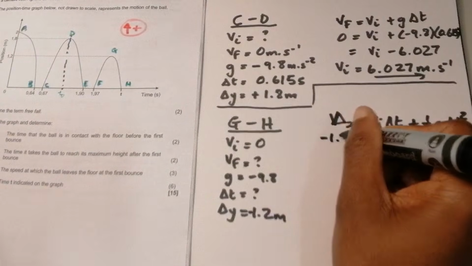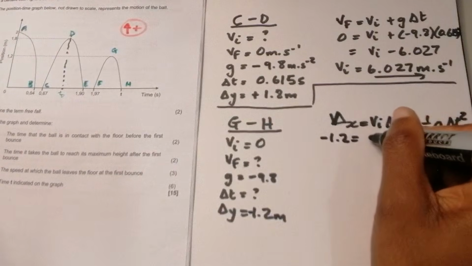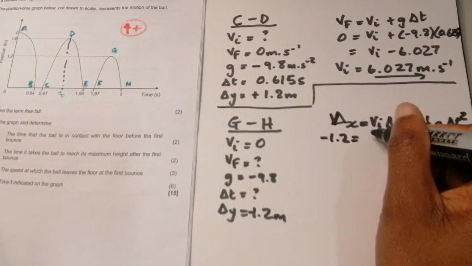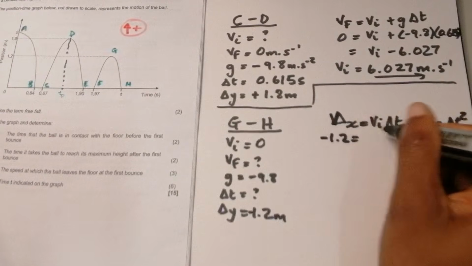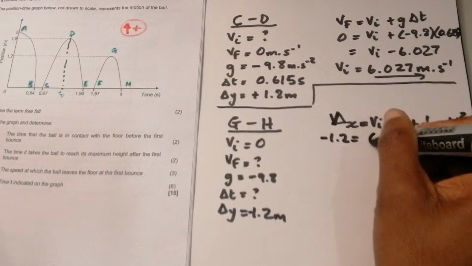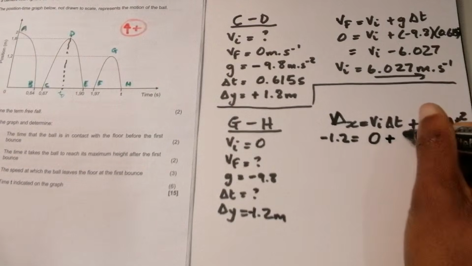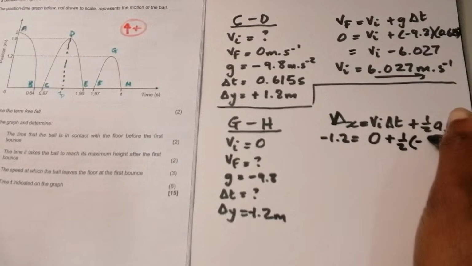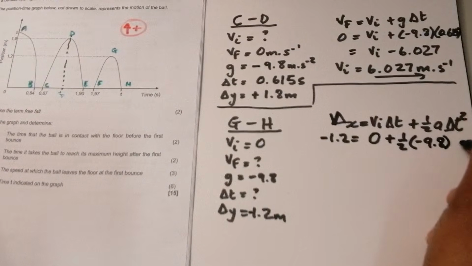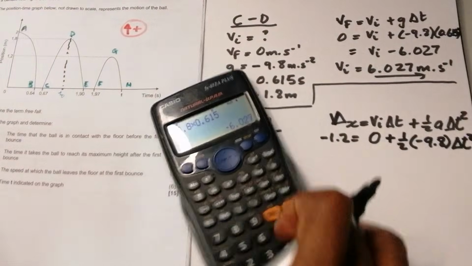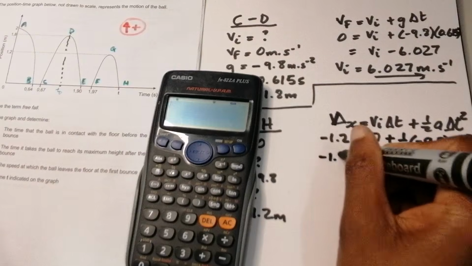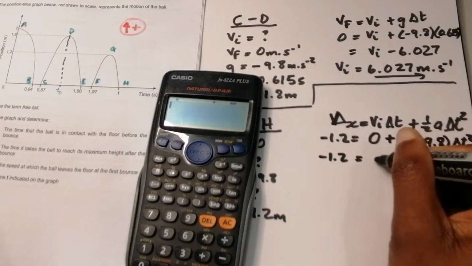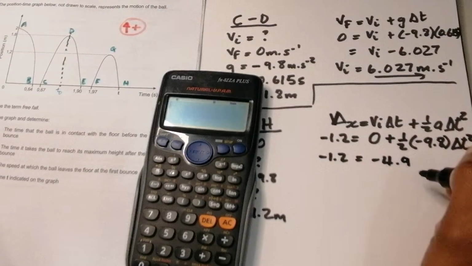So we've got minus 1.2, which is equal to initial velocity, we said it's 0, so that makes that whole thing 0, plus 1 over 2 times minus 9.8 times delta t squared. Now, something that we must do there. So this is minus 1.2. Half of 9.8 is minus 4.9.